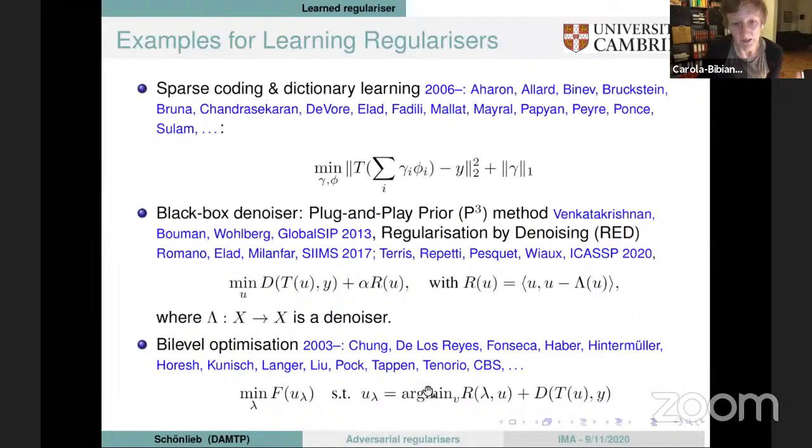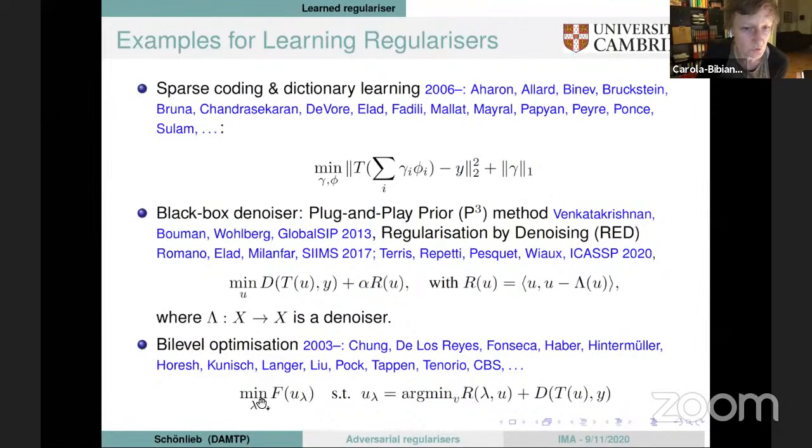So here I say, okay, I have my variational problem. I parameterize my regularizer in whatever way I want to parameterize it. And then I come up with a good criterion for evaluating how good a solution of this variational problem is, a solution that now will depend on this parameterization lambda. And this is my evaluation criterion here.